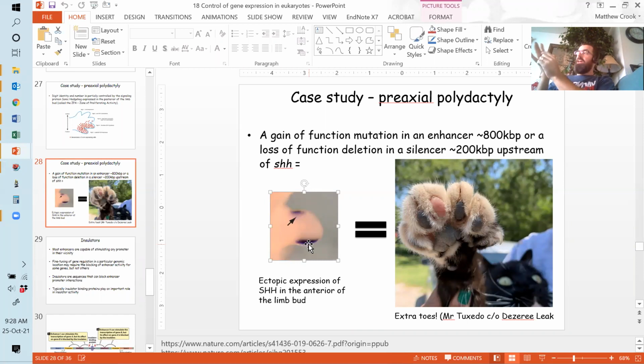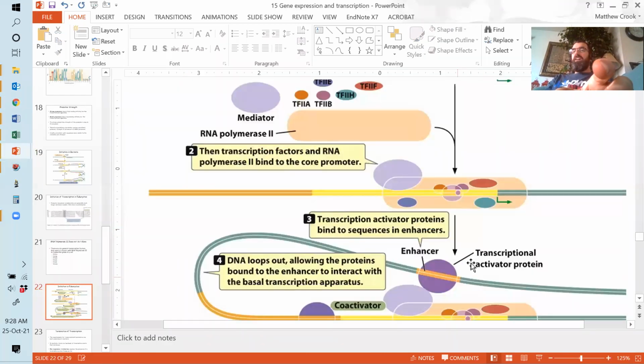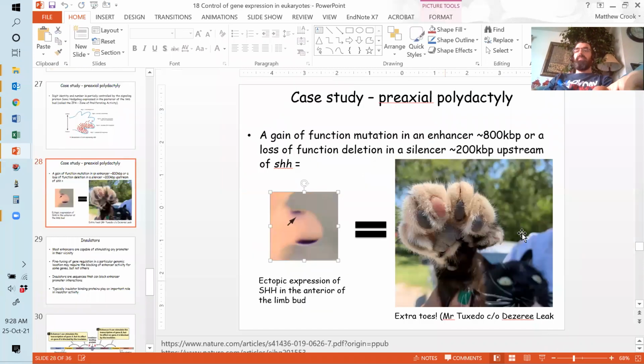And essentially you get none, and that's why you have a thumb, right? That is controlled by an enhancer that's way, way far away, hundreds of thousands of bases away from the gene. And that binds a transcriptional activator protein, which controls transcription. So if you screw it up, you get cats with multiple extra toes. It's called polydactyly, which is just a super fun thing to think about.